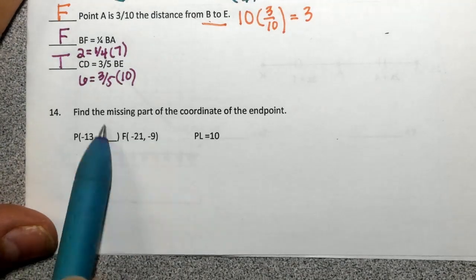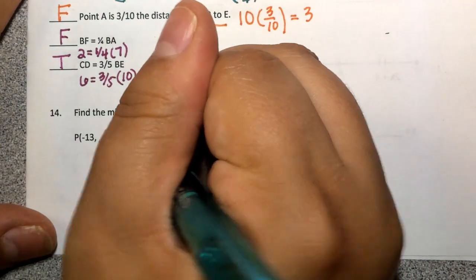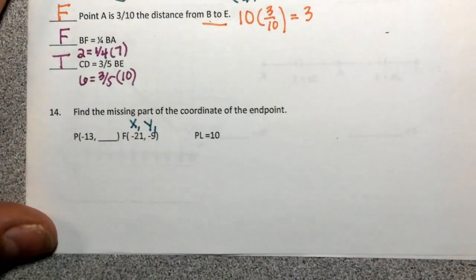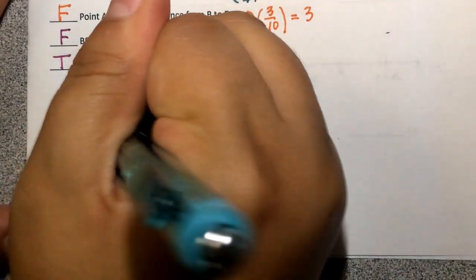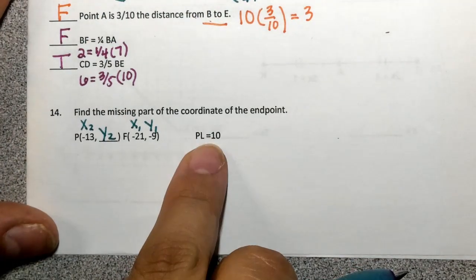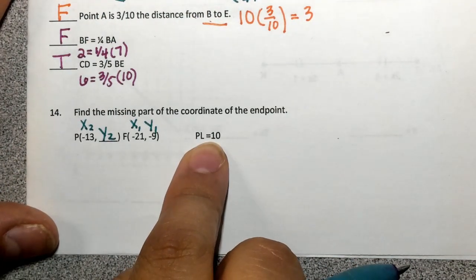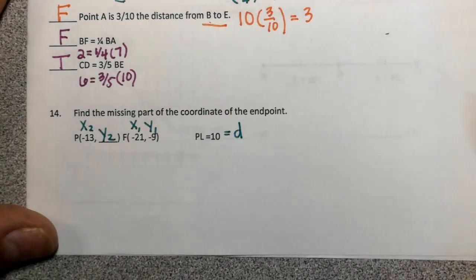But for this question, if I'm missing a coordinate, the one I'm not missing, I'm always going to make x1, y1. And the one I am missing, I'm going to make x2, y2. What's this, PL equals 10? That is the distance.